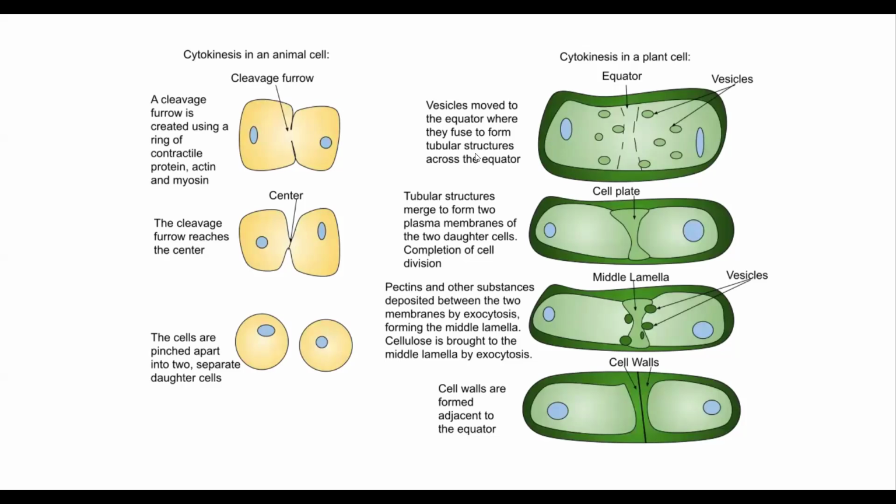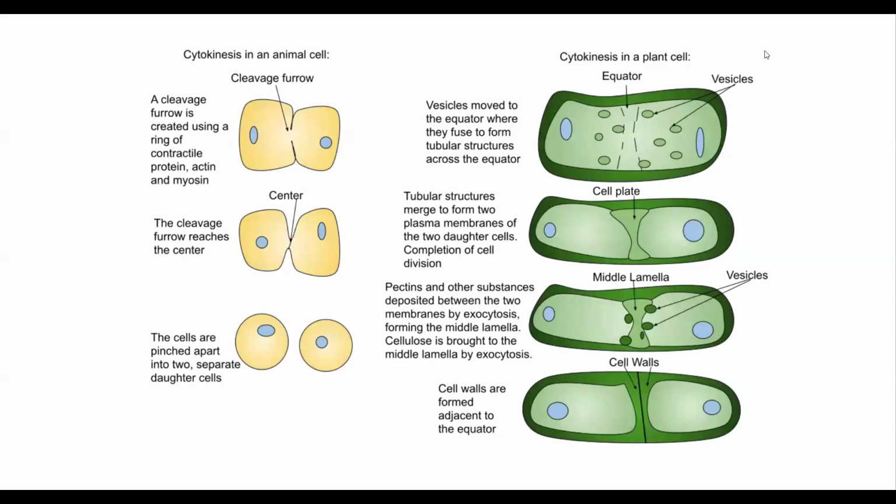In contrast, plant cells undergo cytokinesis by forming a cell plate. The cell plate develops from vesicles that join at the center of the dividing cell and eventually become the new cell wall separating the two daughter cells.